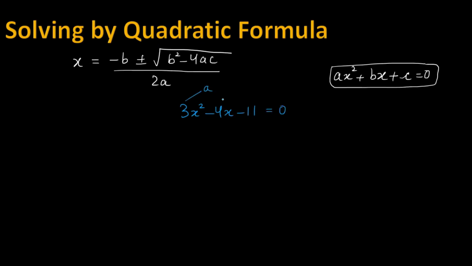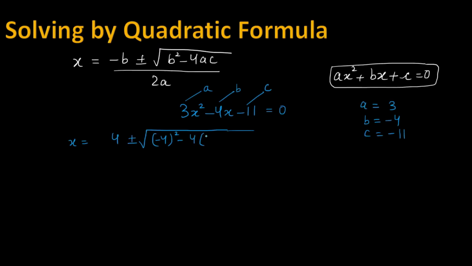So we know this is A, this is B, and this is C. So we have A equals 3, B equals minus 4, and C equals minus 11. So using x equals minus b, which is 4, plus minus the square root of b squared, which is (minus 4) the whole squared, minus 4ac, which is 4 times a, 3, c is minus 11, whole divided by 2a.